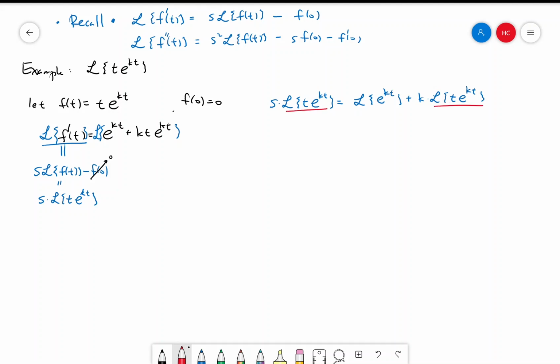These are the same terms, so we can move terms around. We get s minus k times the Laplace transform of t e to the kt equals the Laplace transform of e to the kt.